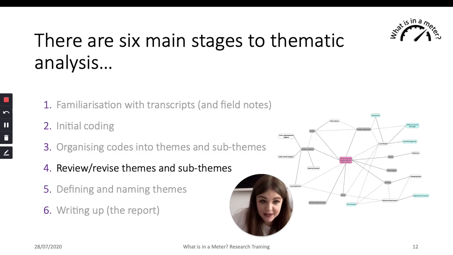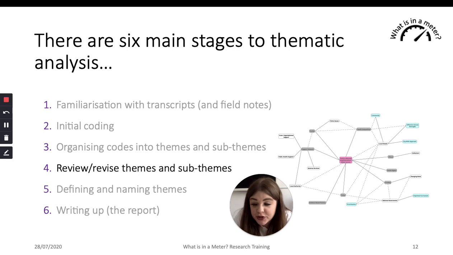And again, this picture on the right here is an example of one of the mind maps that I made during my PhD, and I used these to organise the codes into themes and assess how they all linked and fit together. And I just think it's a really nice and visual way of presenting your findings in a way that's both really clear to the reader and you, how the codes are arranged into themes.